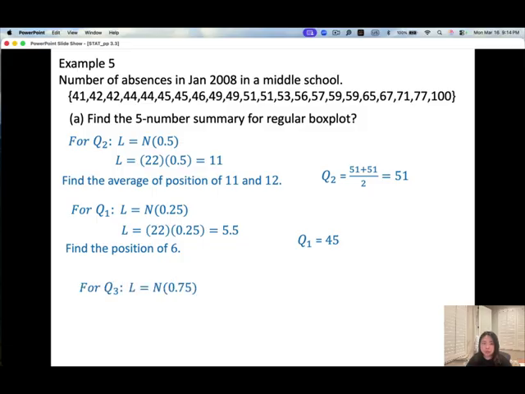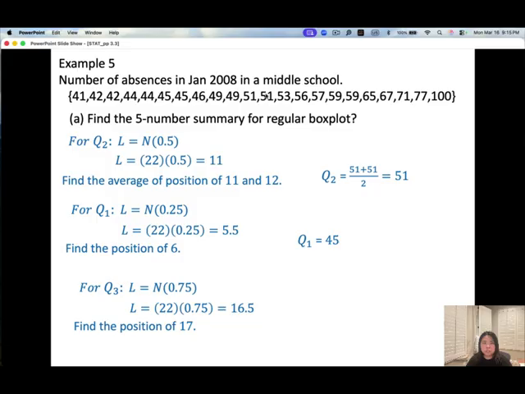Q3, try. You should get 16.5. And this is going to be a decimal, so you want to round it up to 17. So find the position of 17. So count it.